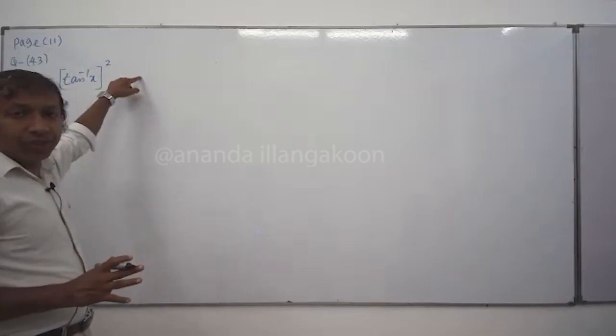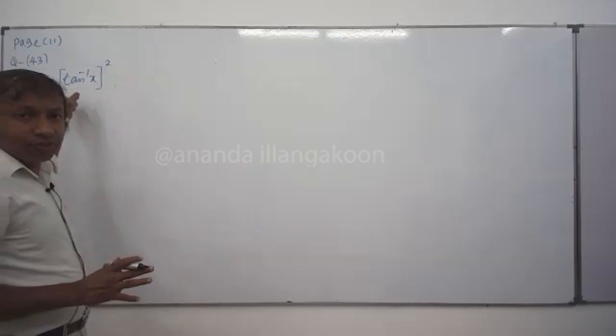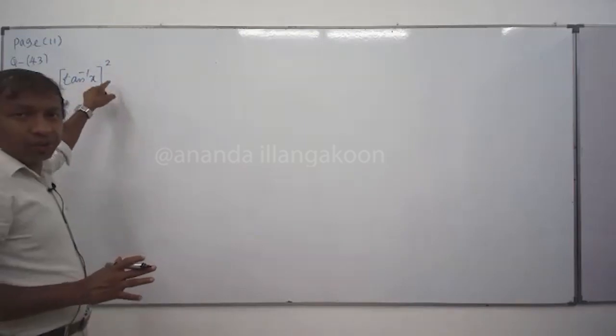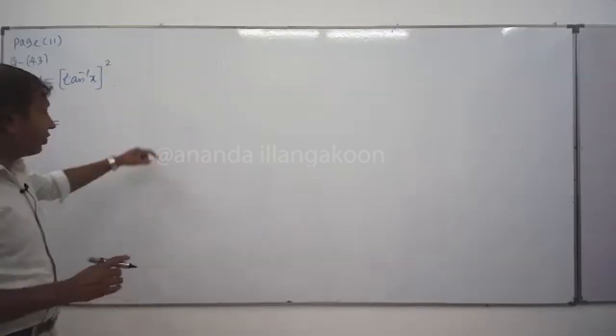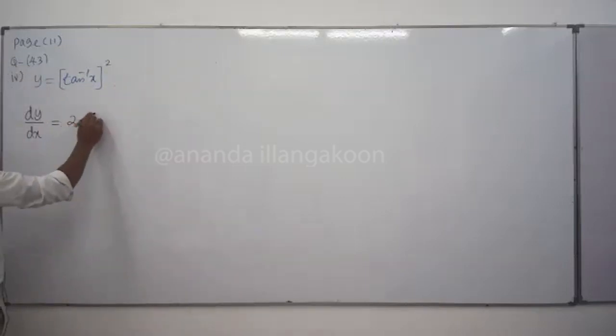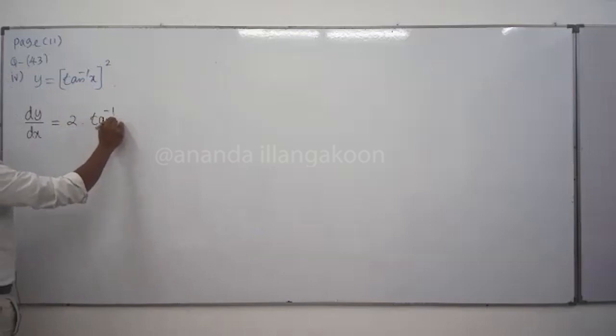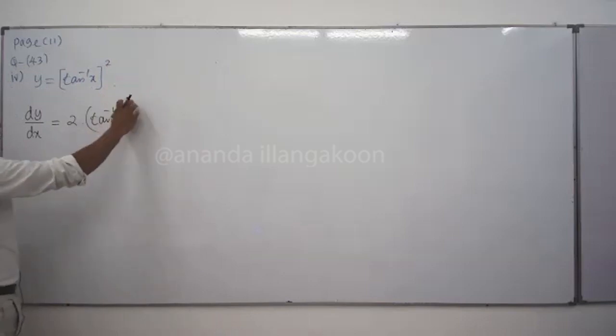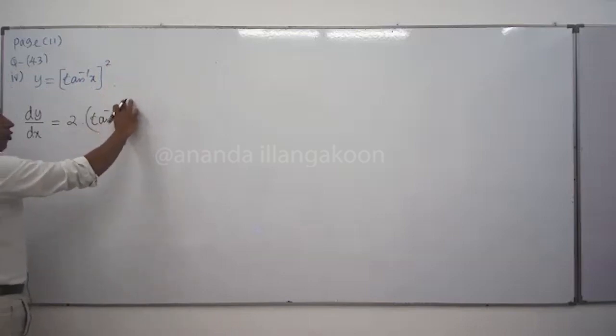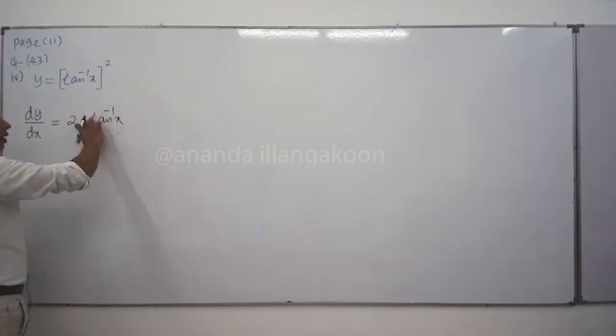We know how to differentiate x squared. The power 2 comes before x, with the new power 2 minus 1. That is how the power is differentiated. 2 times tan inverse x whole thing to the power 2 minus 1, which means 1. But power 1 of something is the same, so there's no point in putting that power 1 here. Then I keep it like this.